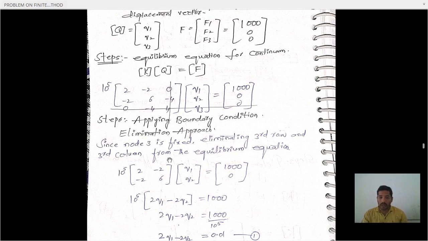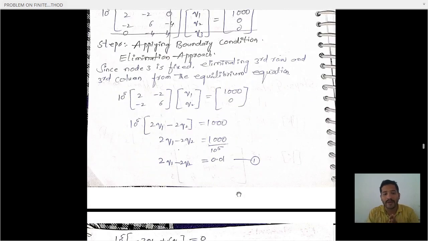After that, we apply the boundary condition with the help of the elimination approach. 10 power 5 as it is, 2, minus 2, minus 2, 6, times Q1, Q2 equals 1000, 0. Again, 10 power 5 as it is: multiply the terms, 2 into Q1 minus 2 into Q2, minus 2 Q2, equals 1000 Newton.